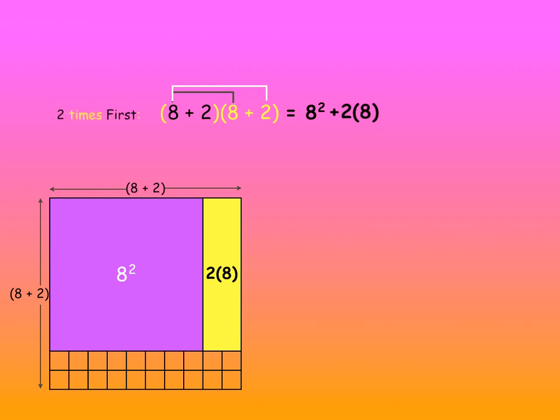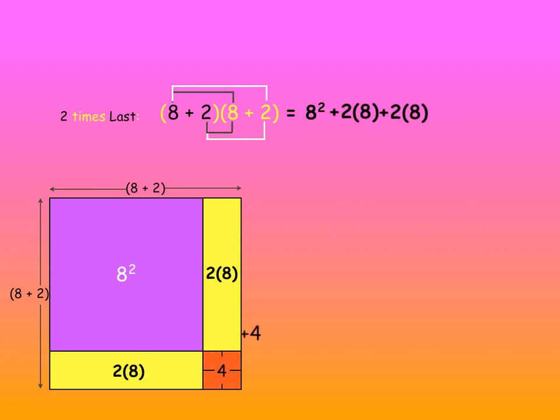Now, 2 times the first number, that will add another 2 times 8. And 2 times the last number, so we'll add 4 on the end. We'll rewrite, combine like terms, 8 squared plus 4 times 8 plus 4.